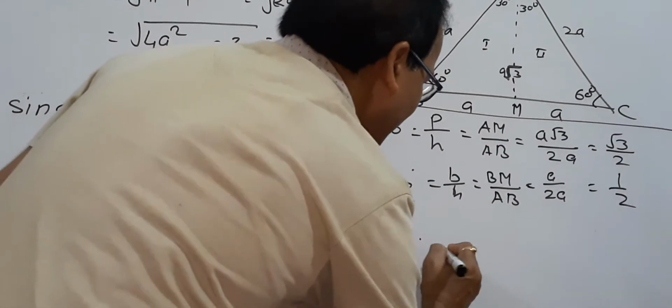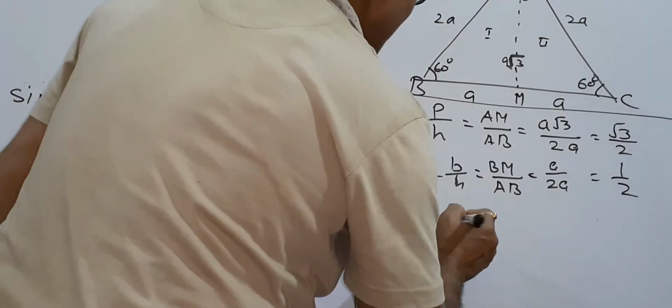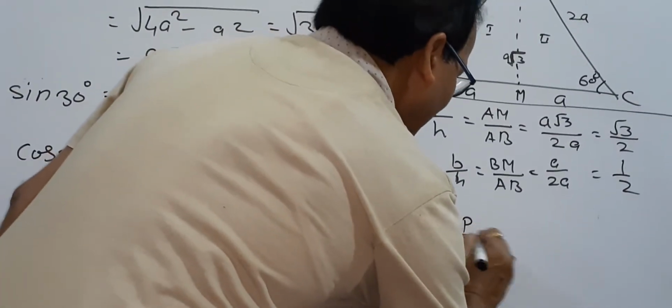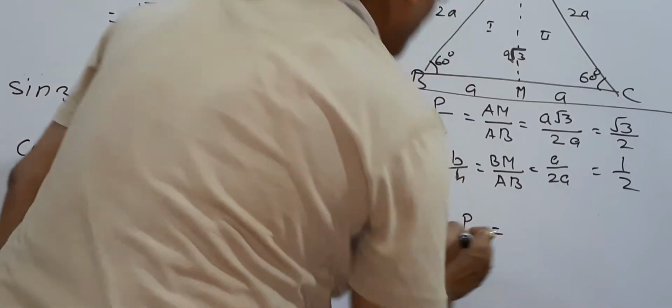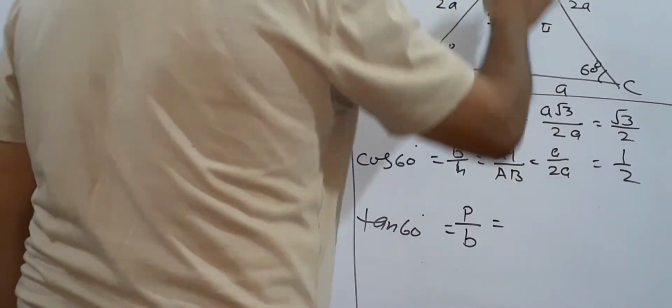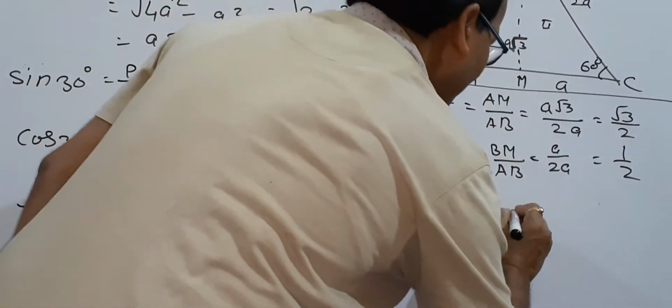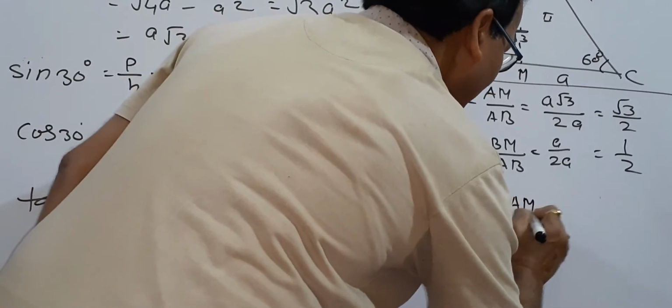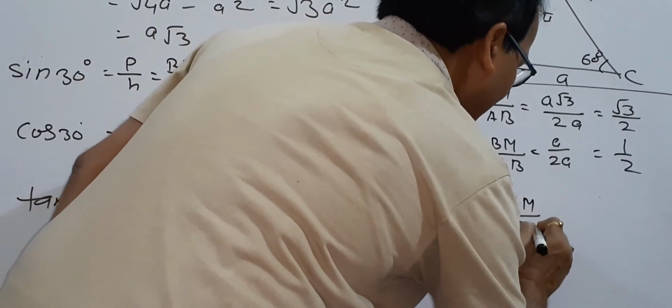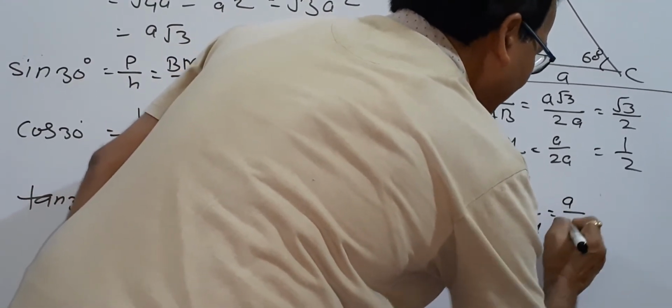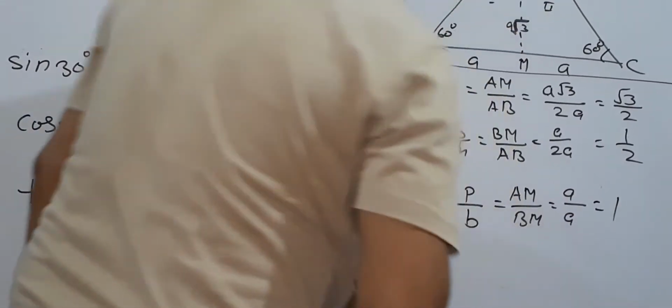Tan 60 degree is equal to P by B. P for 60 degree you will write AM by BM. AM by BM is equal to root 3 A by A, which is root 3.